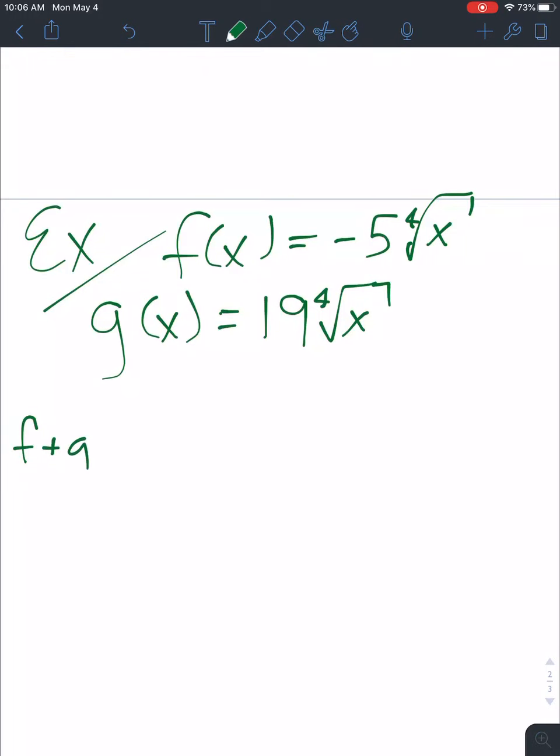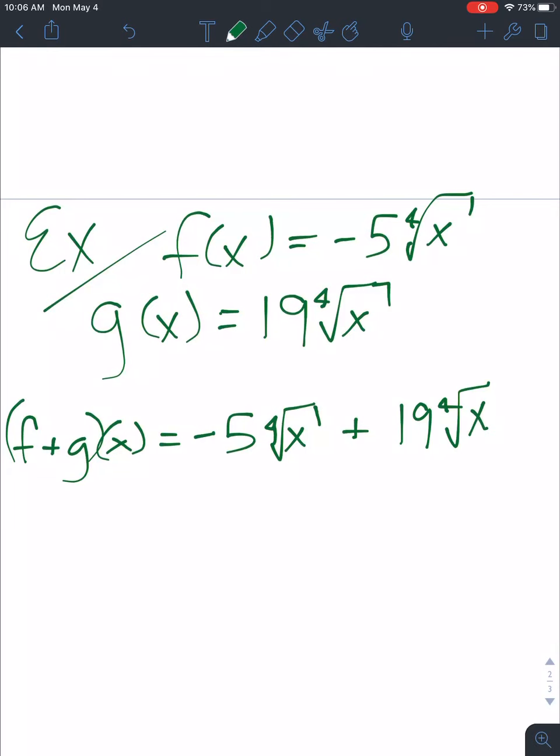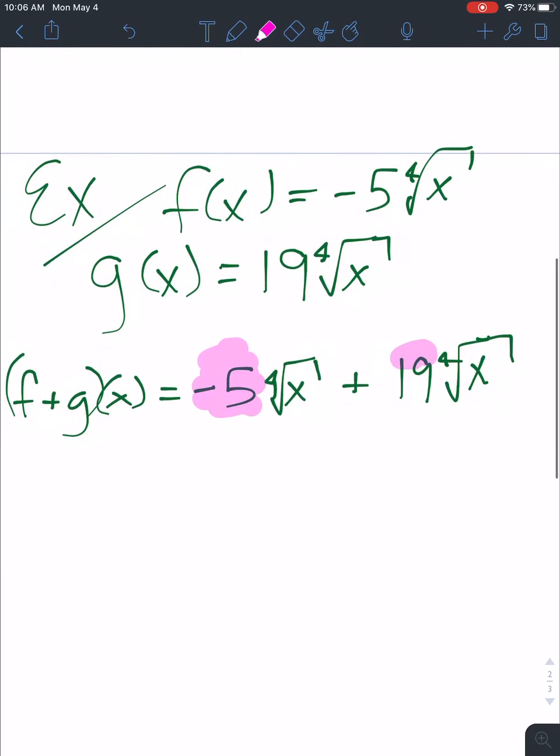So in order to find f plus g of x, I'm going to take my f function, -5 times the 4th root of x, and add it to my g function, which is 19 times the 4th root of x. When I do that, all I have to do is add those coefficients.